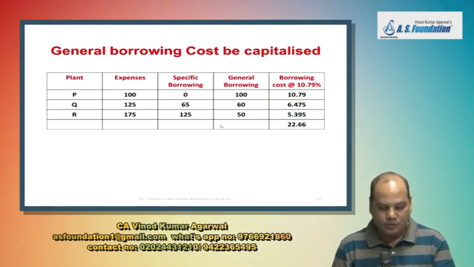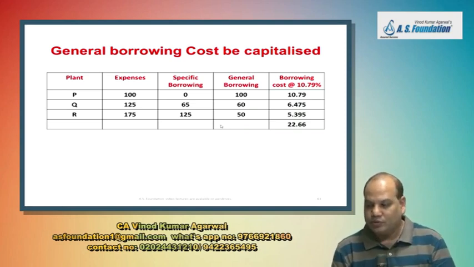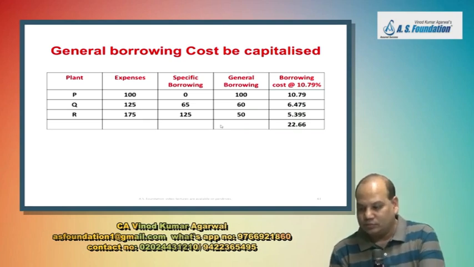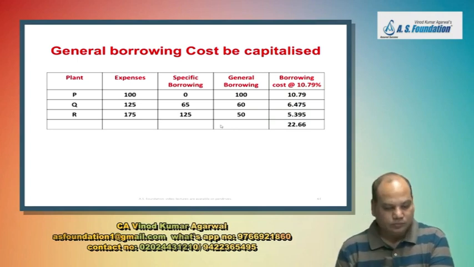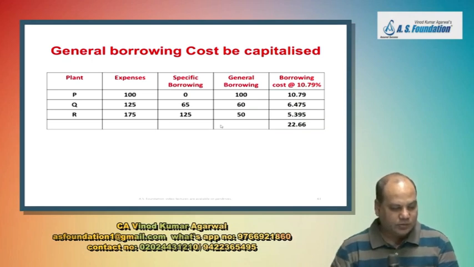Draw the 5 columns: plant, total expenditure, specific borrowing, general borrowing, and borrowing cost at the rate of 10.79%. Okay. Any way you present, if your answer is same, then there is no problem.